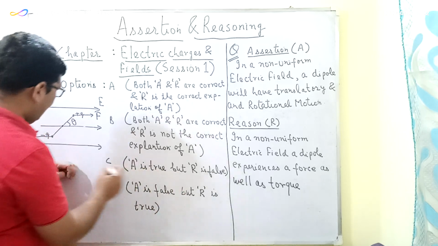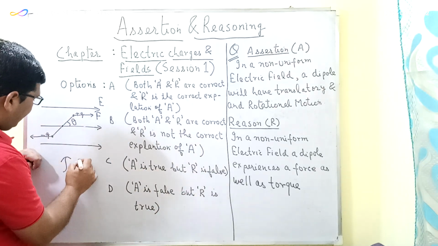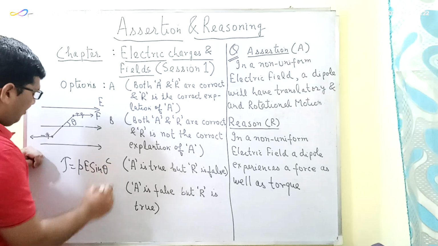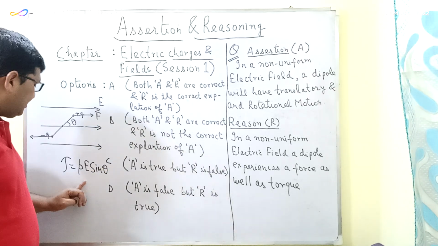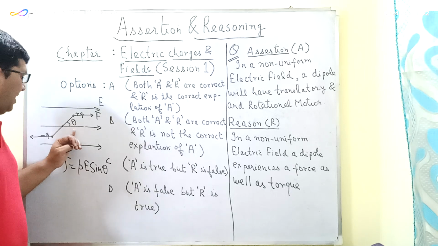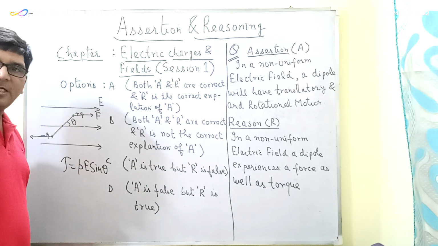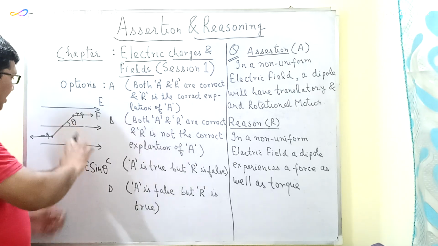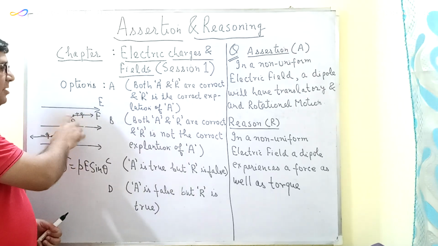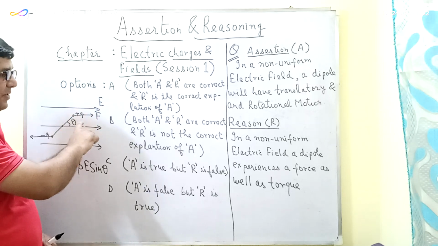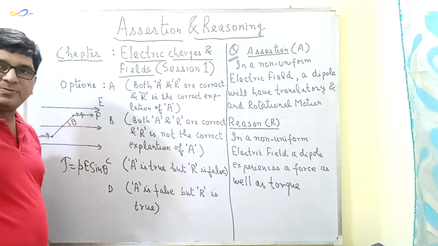The torque is given by P E sine theta, where P is the magnitude of the dipole moment, E is the magnitude of this external field, and theta is the angle made by this dipole moment with the direction of the electric field. So in the case of a uniform electric field, this dipole will experience a torque.